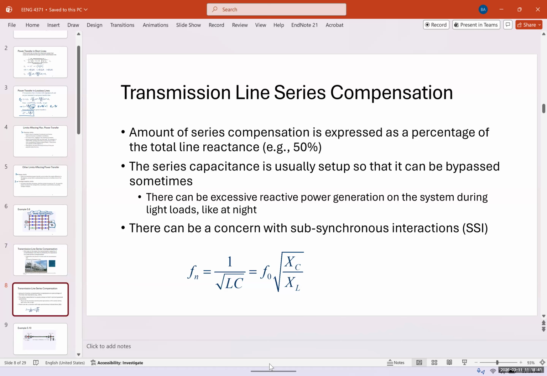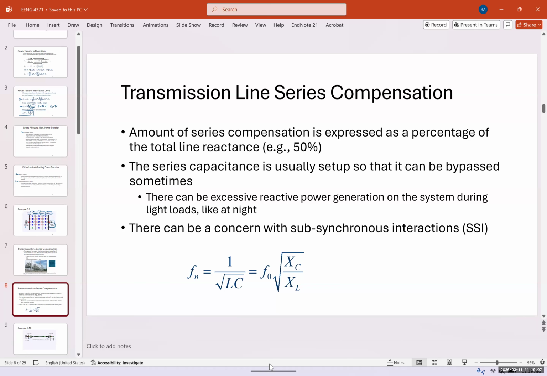Now, for transmission line series compensation, the amount of series compensation is expressed as a percentage of the total line reactance. For example, we say we are compensating at 50% of the reactance. But usually this number, we want it to be close to 100. The series capacitance is usually set up so that it can be bypassed sometimes.